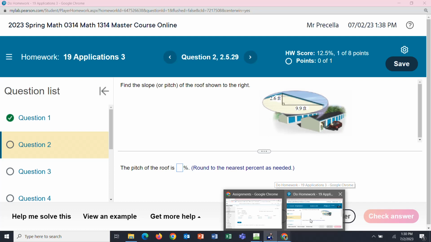So when we move this decimal point 2 places to the right, it'll be 26.262626%. So rounding to the nearest percent, are we going to leave that as 26 or make it 27? Well, the digit after the 6 is smaller than a 5, so we just leave it at 26%.